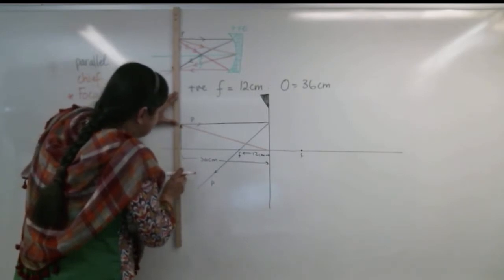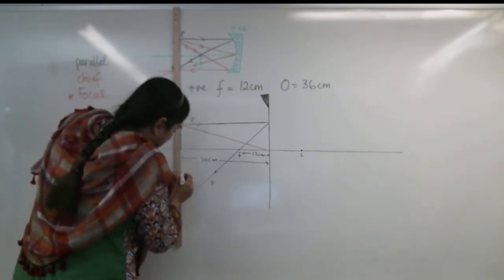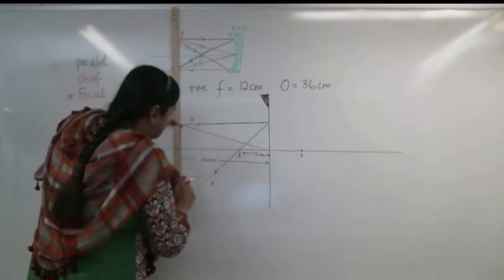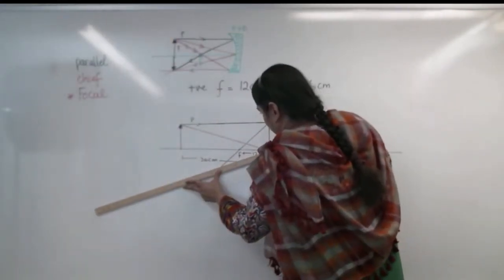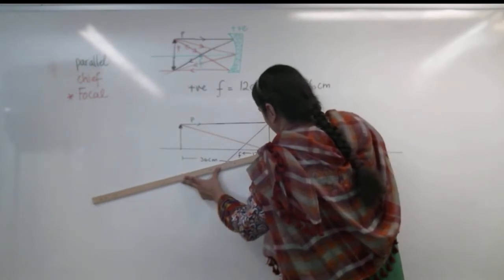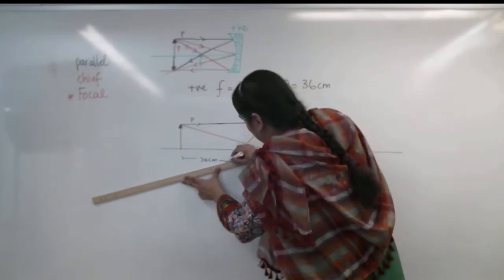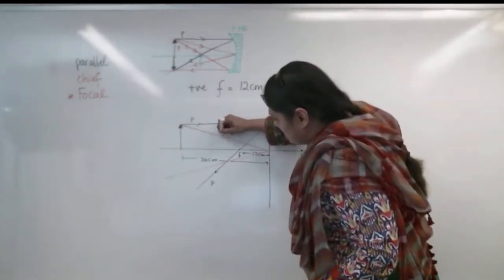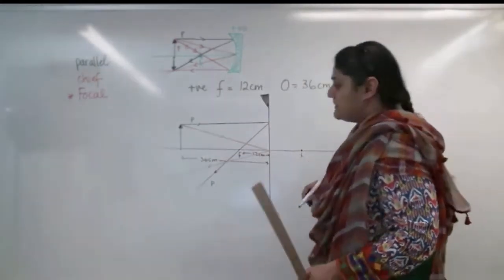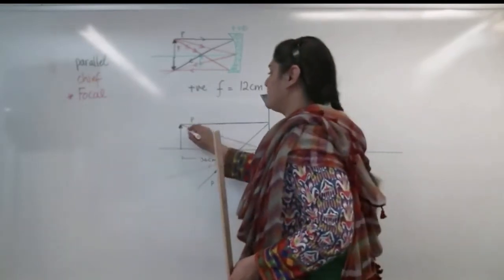So if you were to take this height, that's 10 centimeters, and this height here, it guarantees that these two angles are going to be exactly the same. Well, as much as I can guarantee, right? So this is going to be going that way. So this is going to be my chief ray, and this is going to be my chief ray. So that's my chief ray.